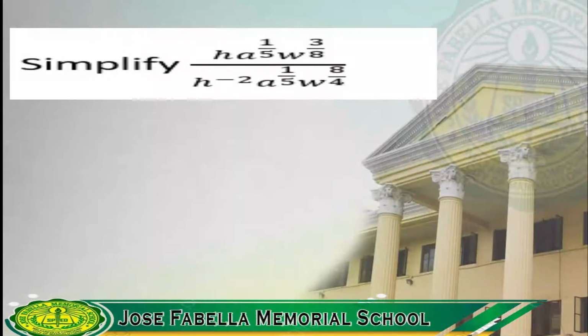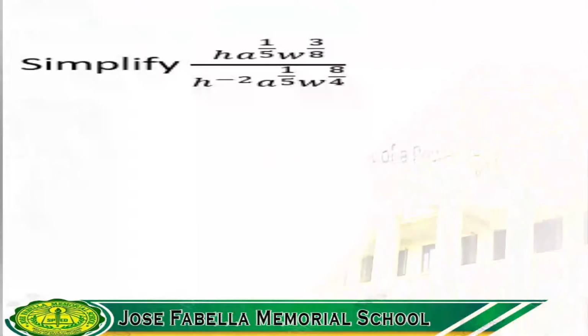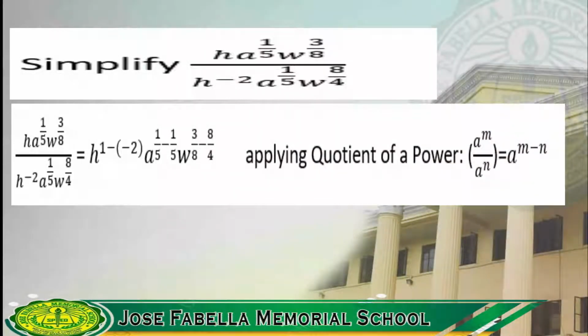Applying quotient of a power, a raised to m over a raised to n equals a raised to m minus n. So we have h raised to 1 minus -2, a raised to 1/5 minus 1/5, w raised to 3/8 minus 8/4.